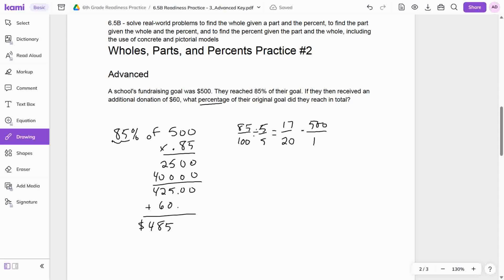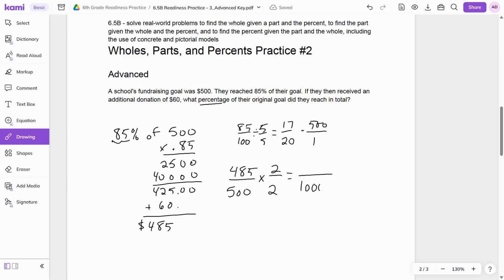Well, they now have 485. And they're trying to get to 500. So I need to turn that into a percent. Well, there's a few ways you can do that. You could divide up if you want to, but that would be a lot. You know what? If I get this into thousands, I can change it into the thousandths place.